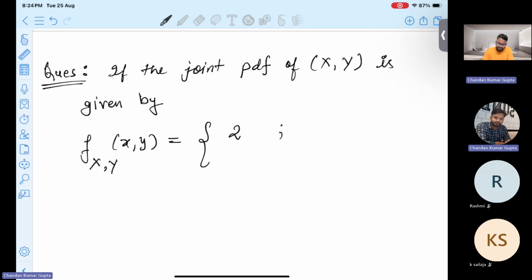It's 2 when x can take value from 0 to 1, including both, and y can take value from x to 1. Okay, and 0 otherwise.